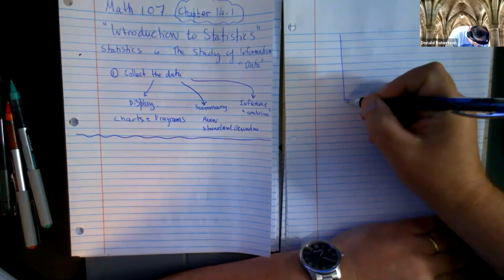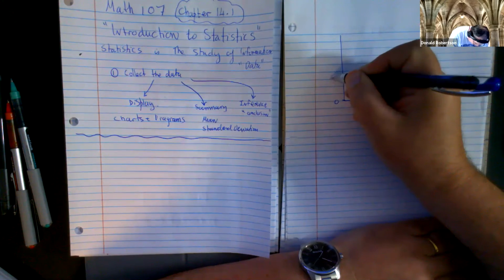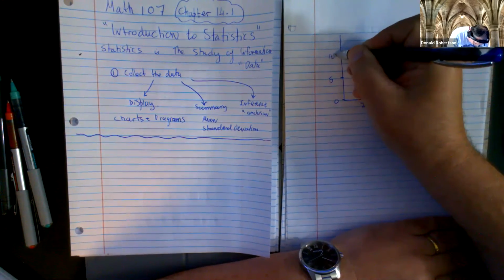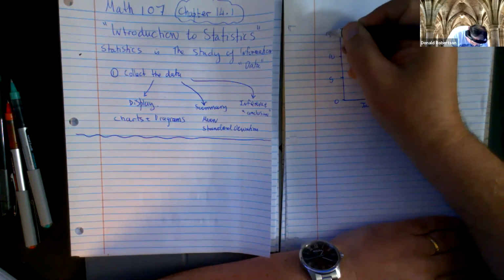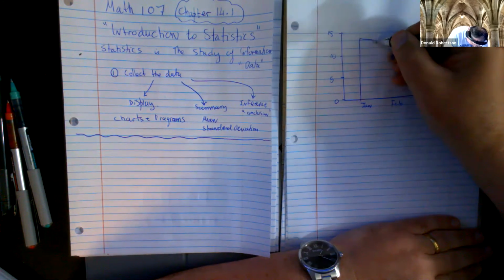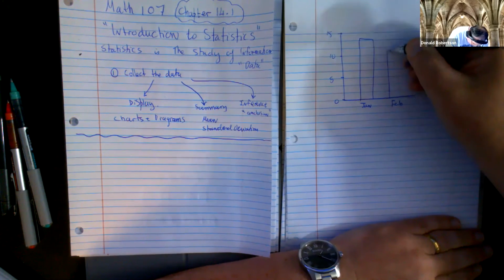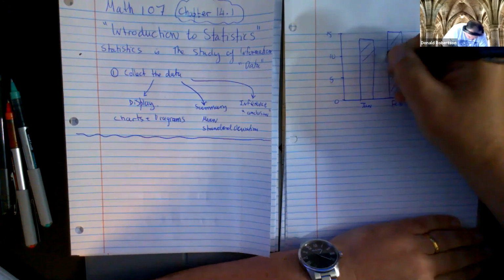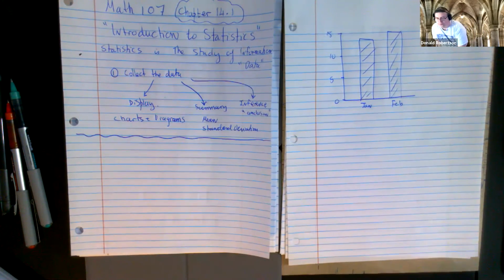And the numbers start at 0 and go 5, 10, 15. This one is 14, and this one is 15. Doesn't really matter what the thing is, but when you look at them, would you agree there's not an awful lot of difference? February is a bit bigger than January, but it's just one bigger.